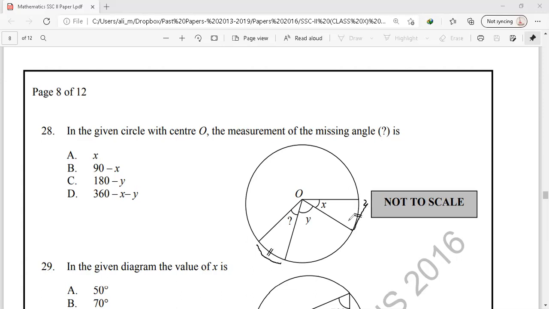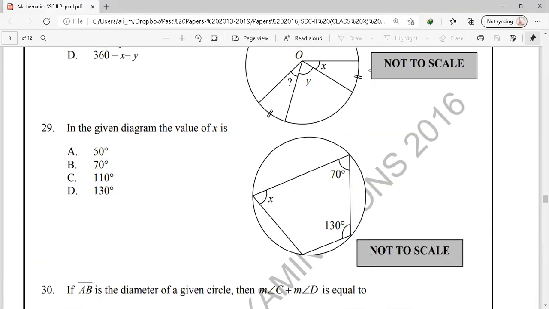According to the theorem, if two arcs are equal, then the angles between them are also equal. The central angles are equal, the minor arcs are equal, the arc lengths are equal, and the chords formed with these points are also equal. So the missing angle here will be equal to x. So for question number 28, the correct option is option A.